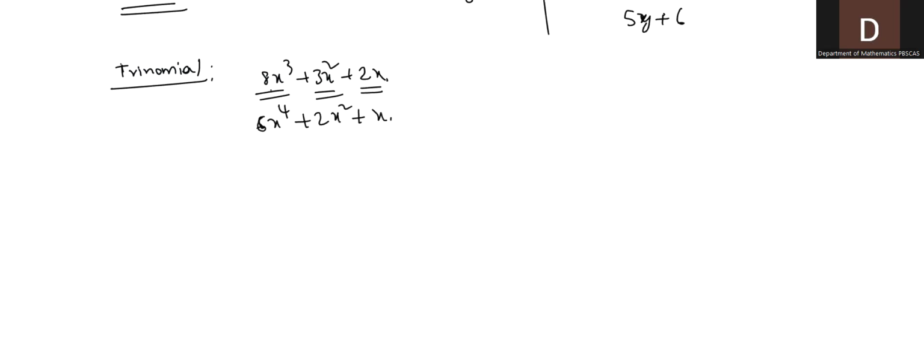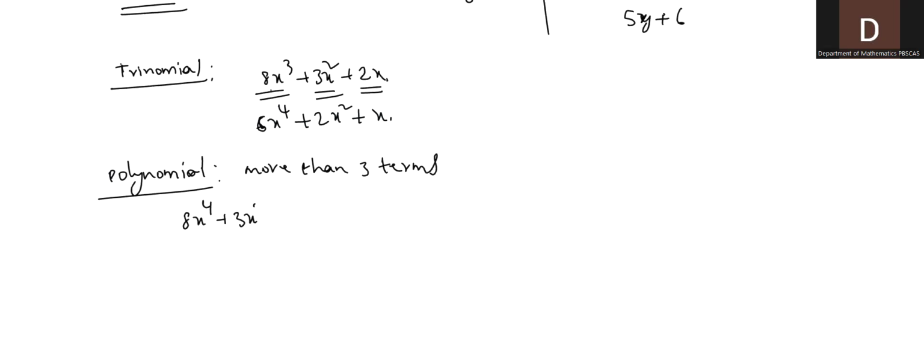And the next definition, polynomial. A polynomial is an expression that has more than three terms. More than three terms is called a polynomial. A few examples. Suppose 8x power 4 plus 3x square plus 2x plus 7.